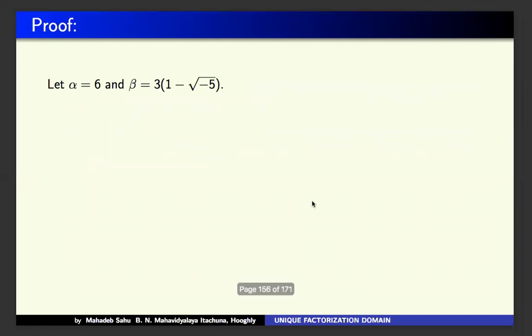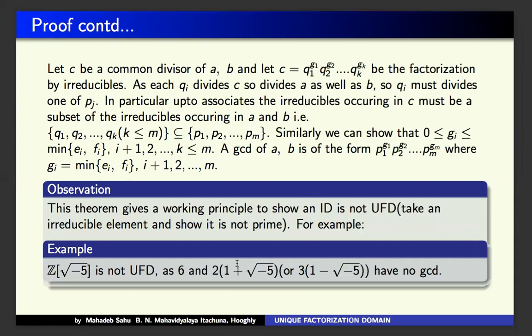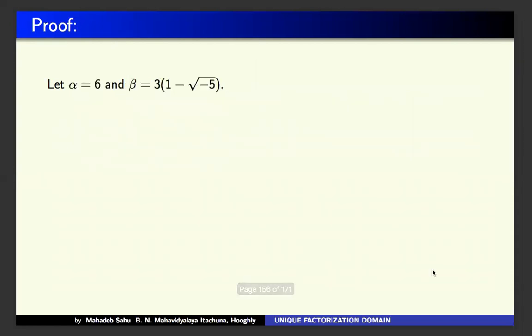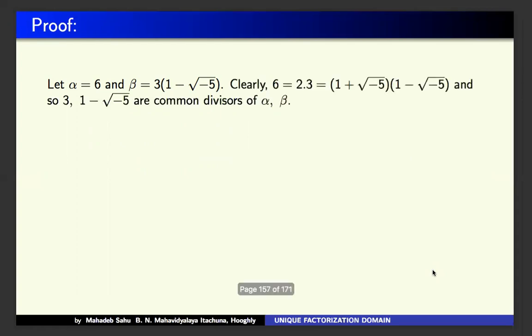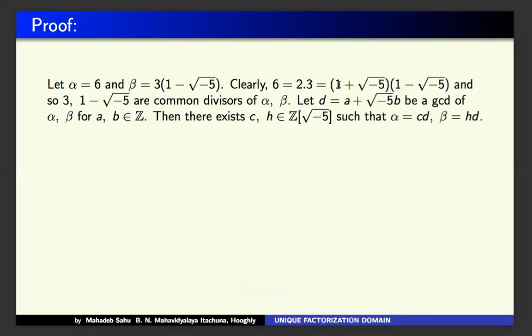So here 6 and 2 into 1 plus root minus 5, or 3 into 1 minus root minus 5, have no GCD, and that's why it is not a UFD. So for proving this, take alpha equal to 6, beta equal to 3 into 1 minus root minus 5. Here we see 6 equals 2 into 3, and that can be written in this form. Therefore 3 and 1 minus root minus 5 are common divisors of alpha and beta.